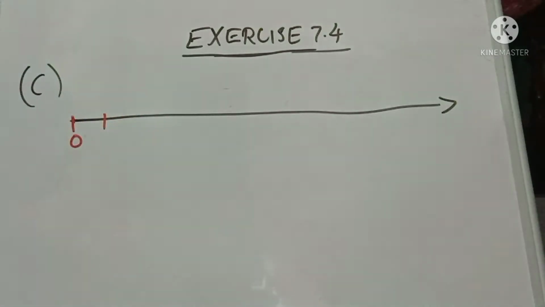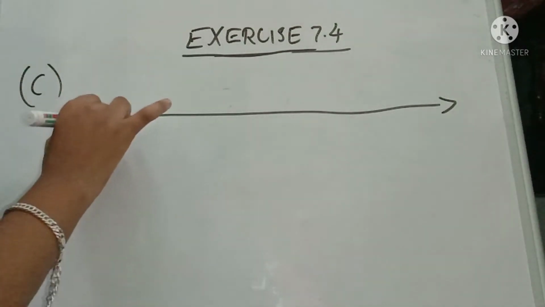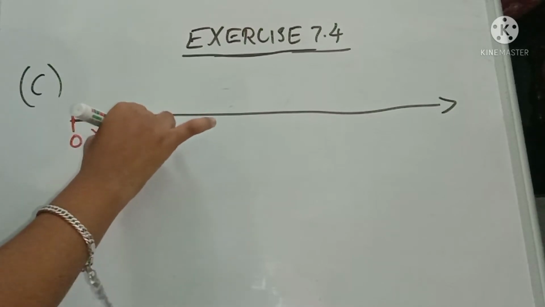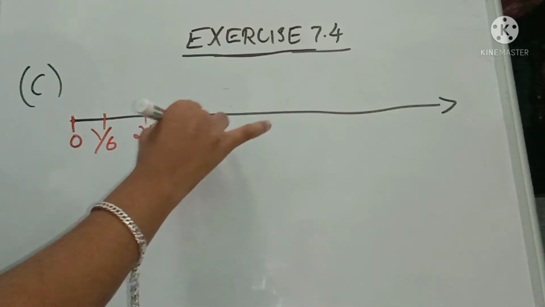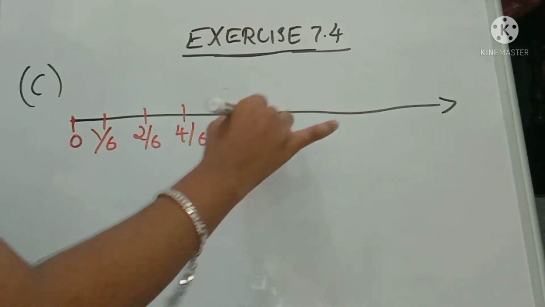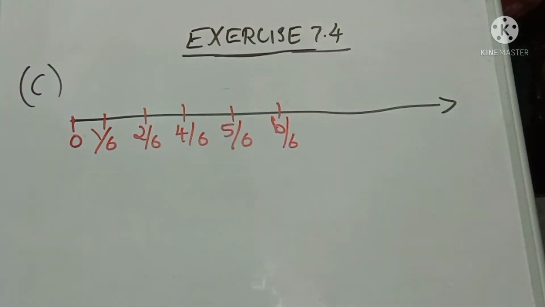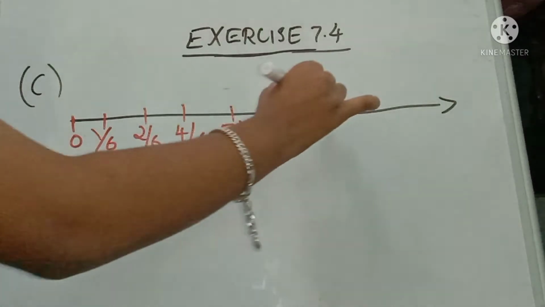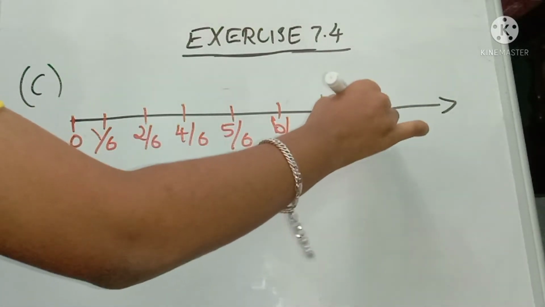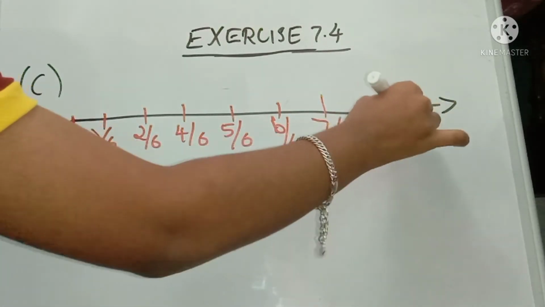Zero, 6 is the denominator. Then 1/6, 2/6, 4/6, 5/6 and 6/6, 7/6, 8/6, 9/6.